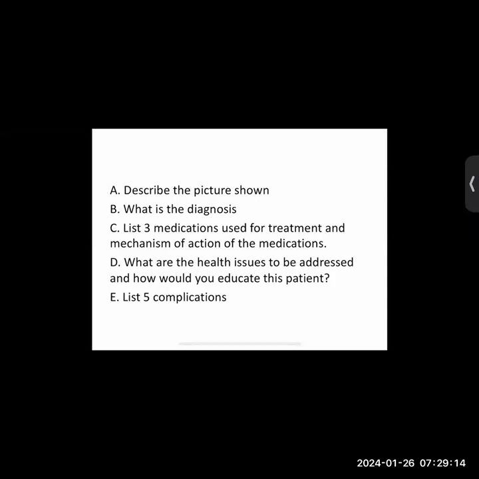Thank you, ma'am. Then what are the health issues to be addressed, and how would you educate these patients? I think the health issues to be addressed here are, one, that scabies can be transmitted, and if not properly treated in this patient, it can become Norwegian scabies.